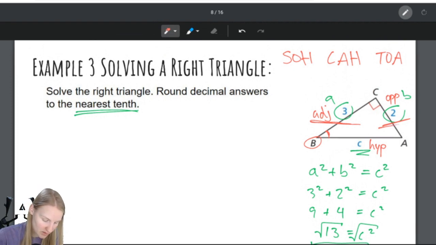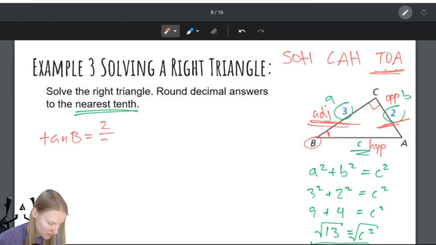So opposite and adjacent, that means I'm going to use tangent. So if I take tangent of B, I will get opposite over adjacent. Beautiful. The diagram's getting too messy here.